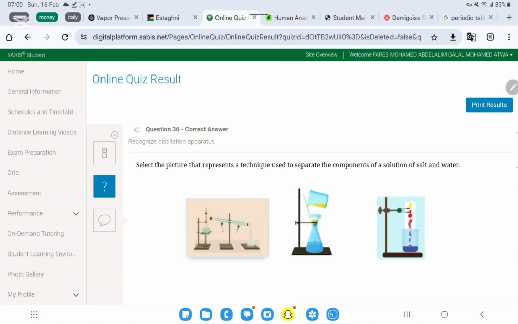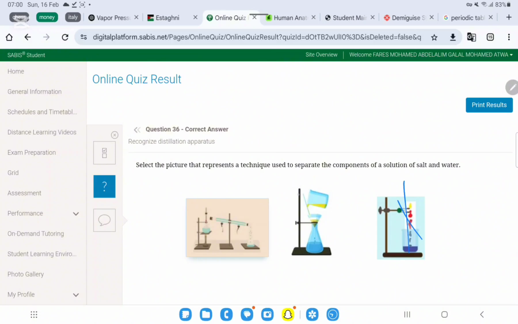Here they want the separation technique for salt and water. We know paper chromatography is for ink, for example, to know the different components of it, so not salt and water. It's not filtration.